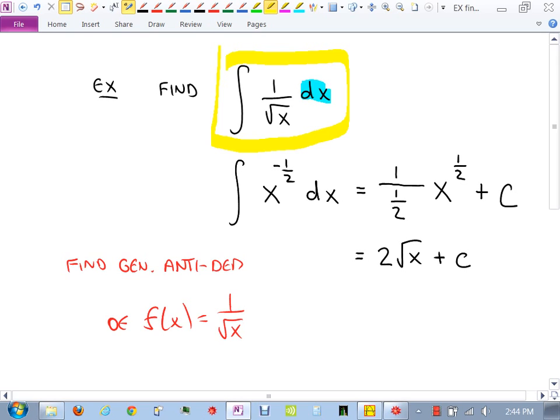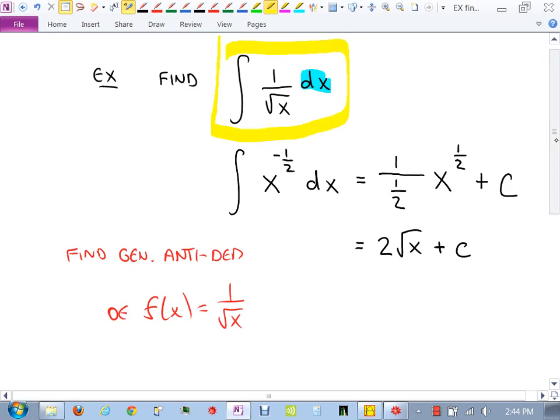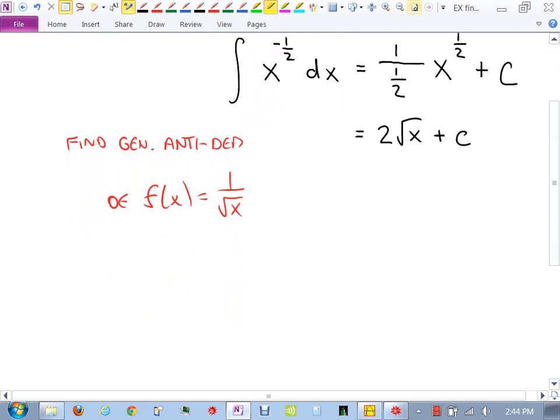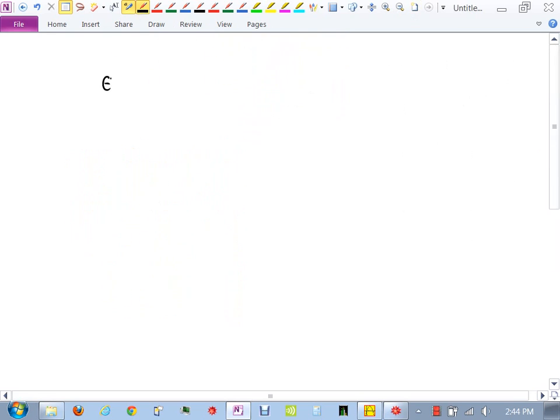All right. So check this out. Next example. Find the area under f of x equals x on the interval 0, 2.